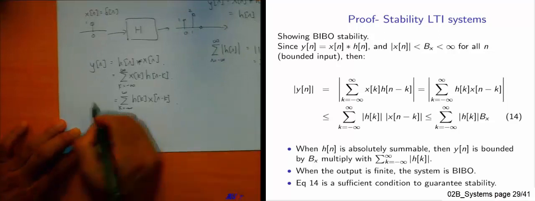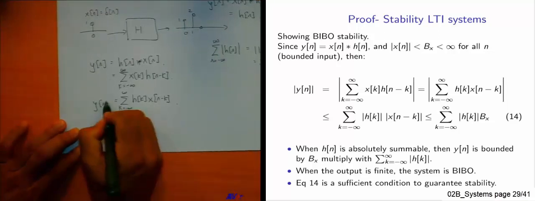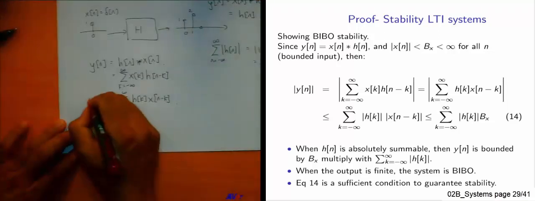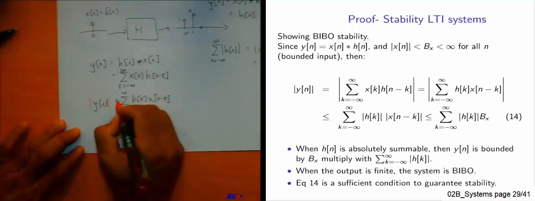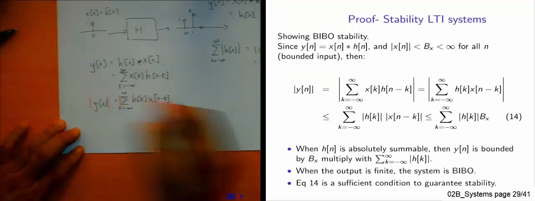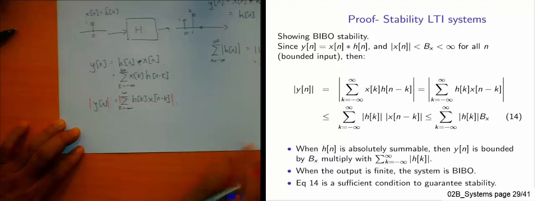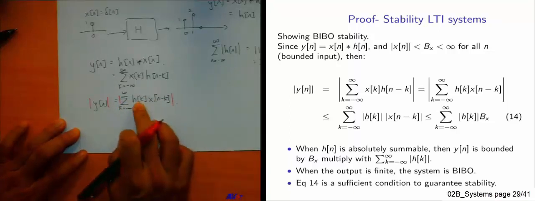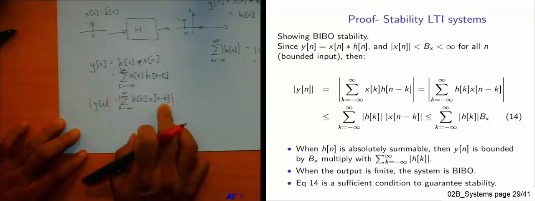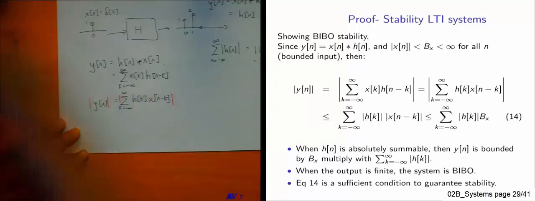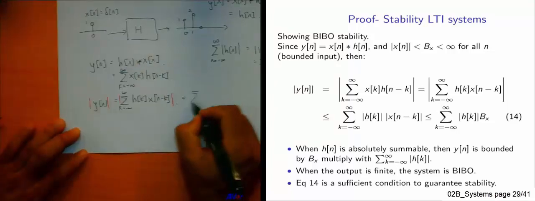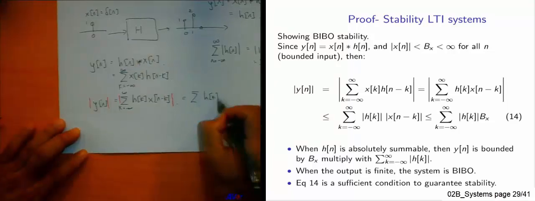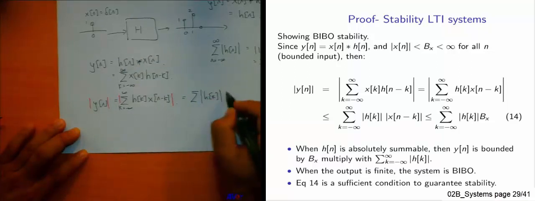Now, I'm going to do this. If I put the absolute value here, what will happen? I must put the absolute here. Agree? So this guy is sometimes a positive value, sometimes a negative value, right? So now I'm going to write another equation that looks like this: absolute h[k] times absolute x[n minus k].